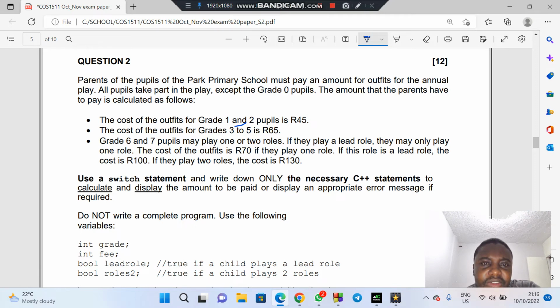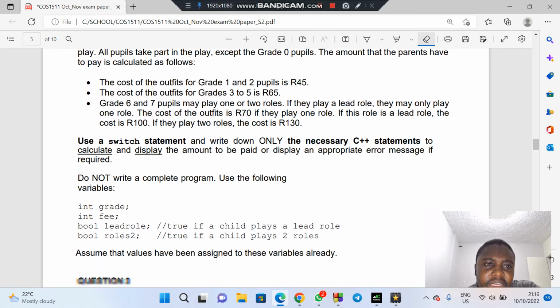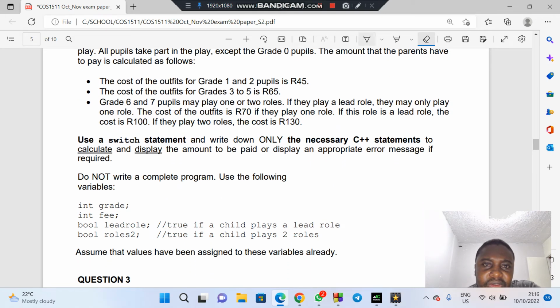It's very important. You must remember, sometimes when you're in the exam, just write it. You know the symbol of and is that one there. Just indicate for yourself so that you can finish faster. And then 3 to 4 means everything between 3 up to 4. And then the other one says grade 6 and 7 pupils may play 1 or 2 roles.